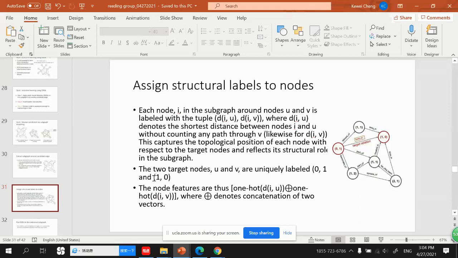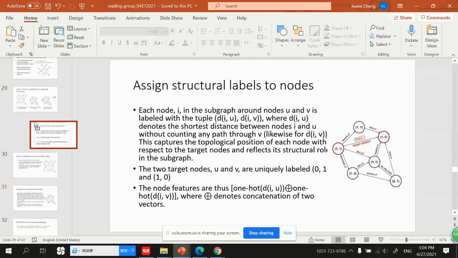The basic idea is very simple because here in the knowledge graph, the direction of the node is pretty important.